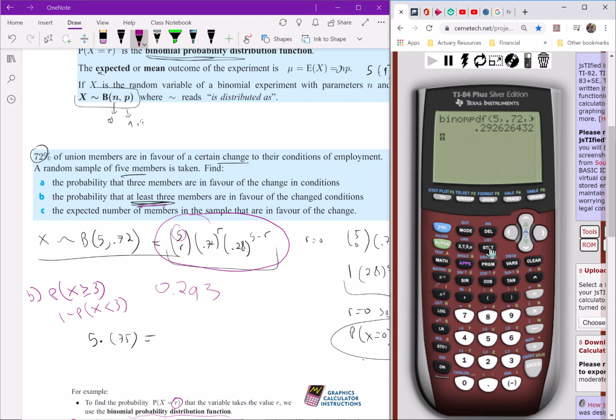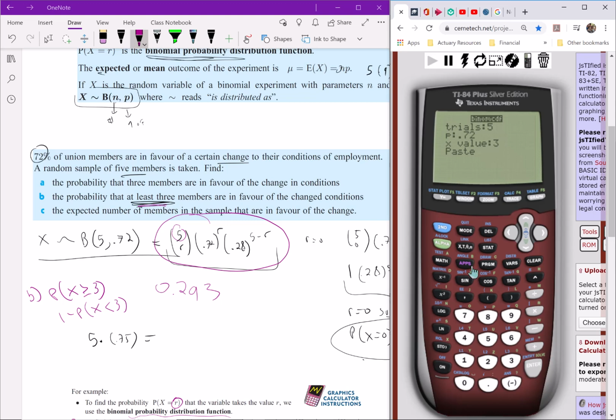So just notice something real quick. If I just do second distribution, go down, we're doing CDF again because it's a range of values. There's still 5 trials. The probability is still 0.72. In this case, if I put a 3 here, it's going to say less than or equal to 3.